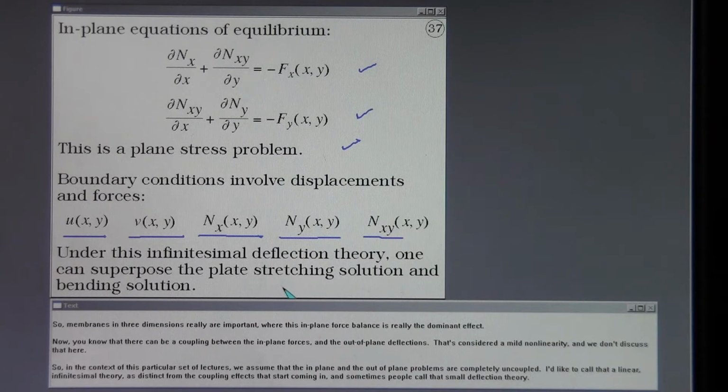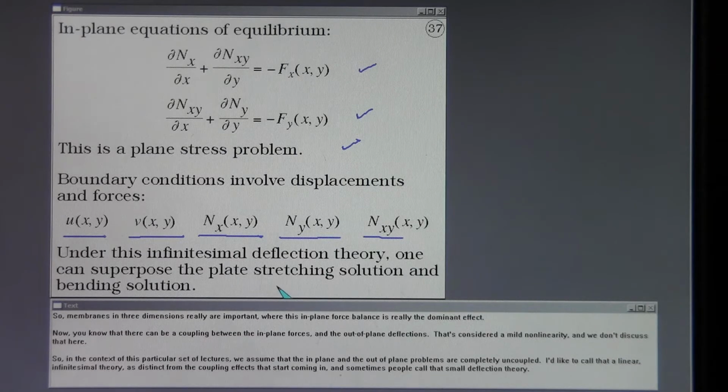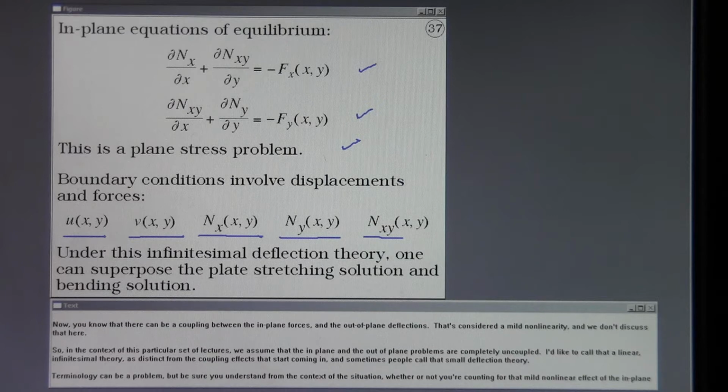Now, you know that there can be a coupling between the in-plane forces and the out-of-plane deflections. That's considered a mild nonlinearity, and we don't discuss that here. So in the context of this particular set of lectures, we assume that the in-plane and the out-of-plane problems are completely uncoupled.